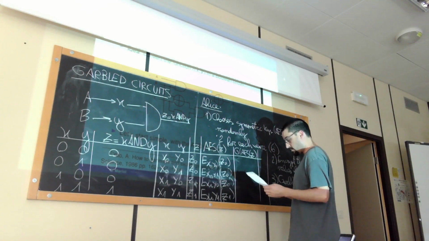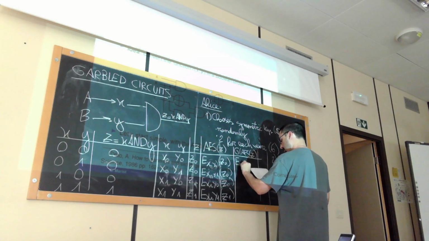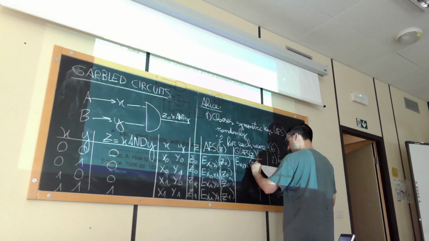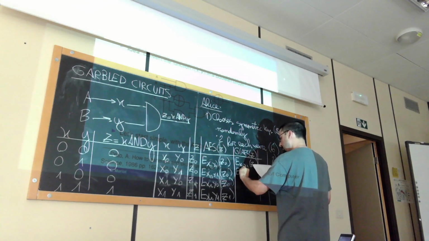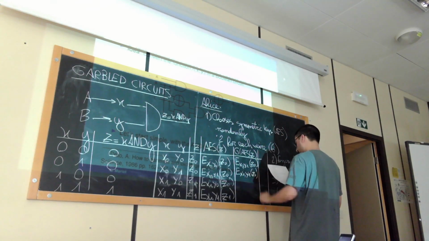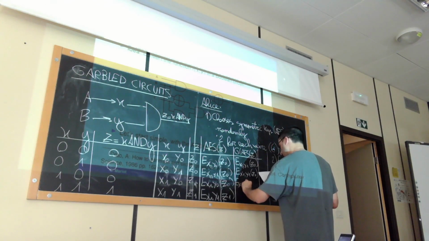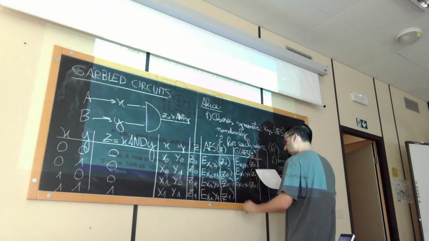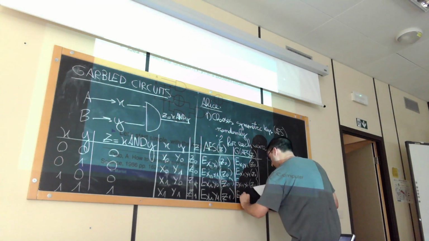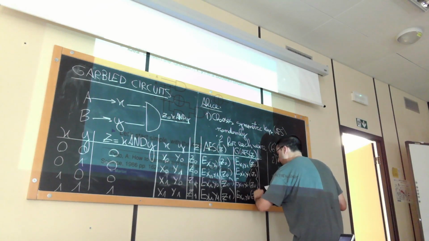So for example, we will have E of X0 Y1 of Z0, E of X1 Y1 of Z1, E of X0 Y0 of Z0, and finally E of X1 Y0 of Z0.